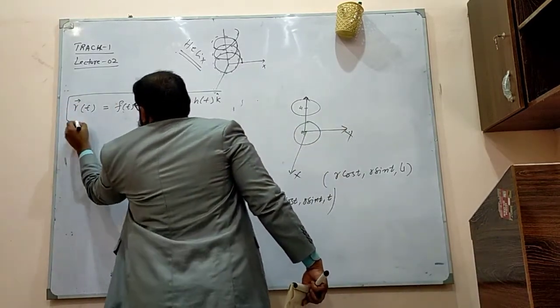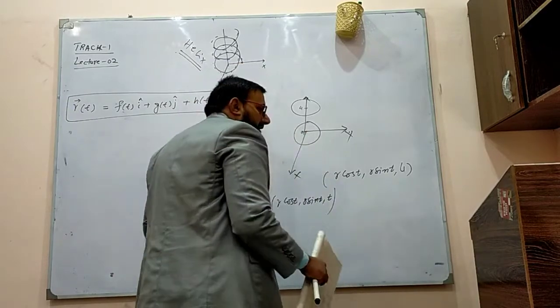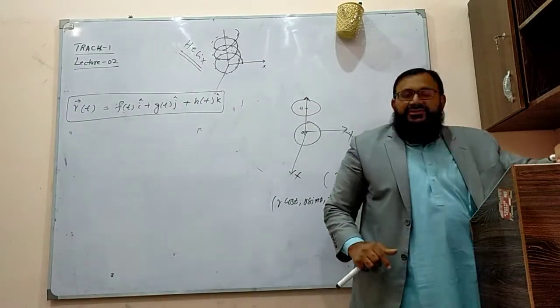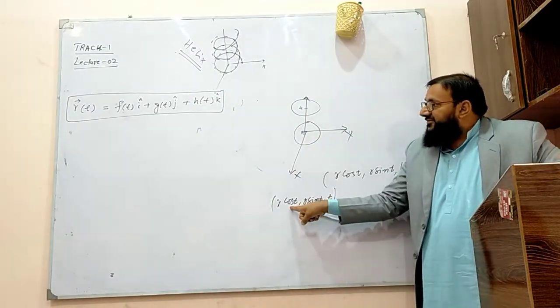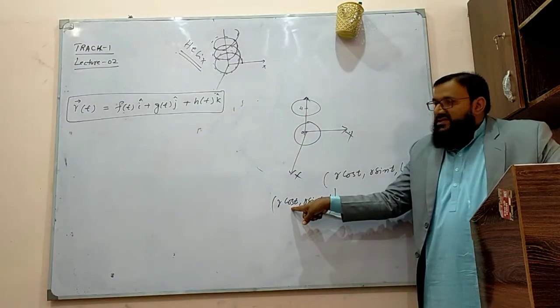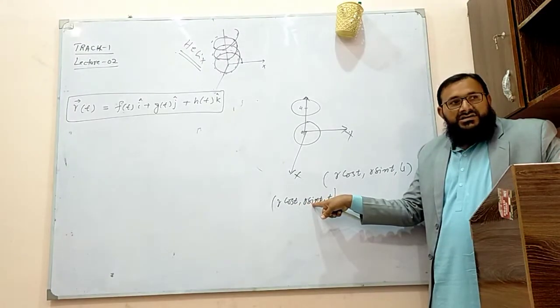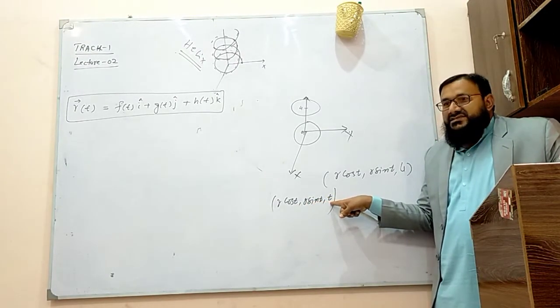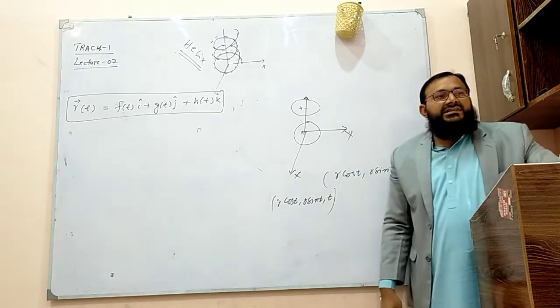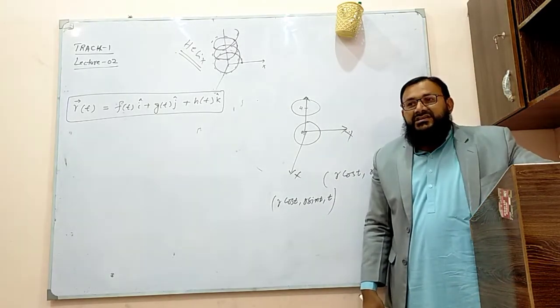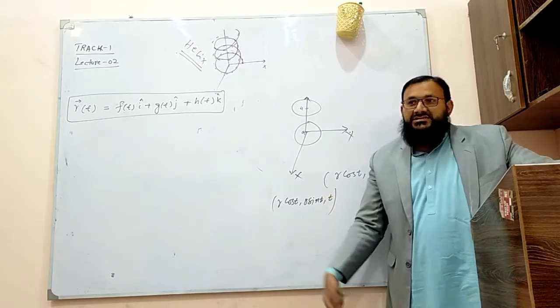So we call this a curve in 3D, and if you compare this with the curve that we have, f of t is R cos t, g of t is R sin t, and h of t is just t. Now you can define the limit as well as the derivative in the simple case as we have.